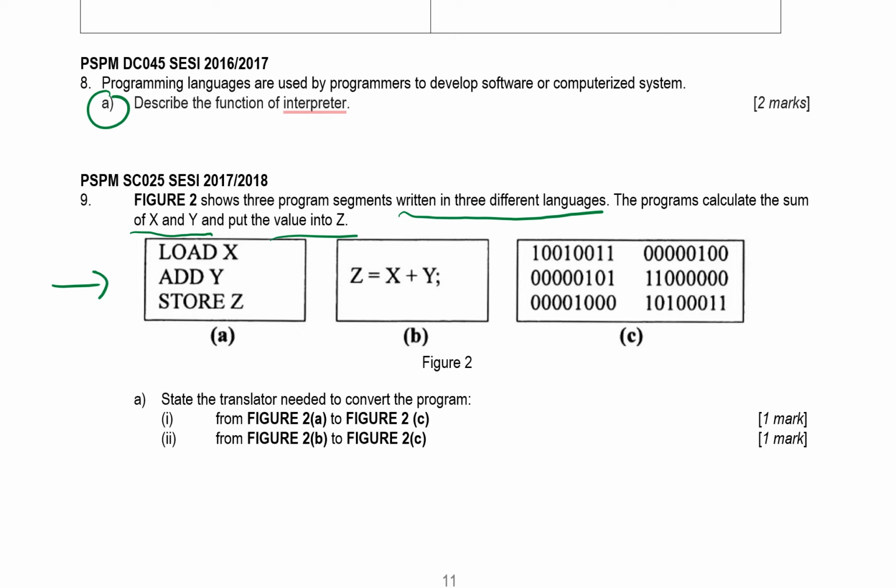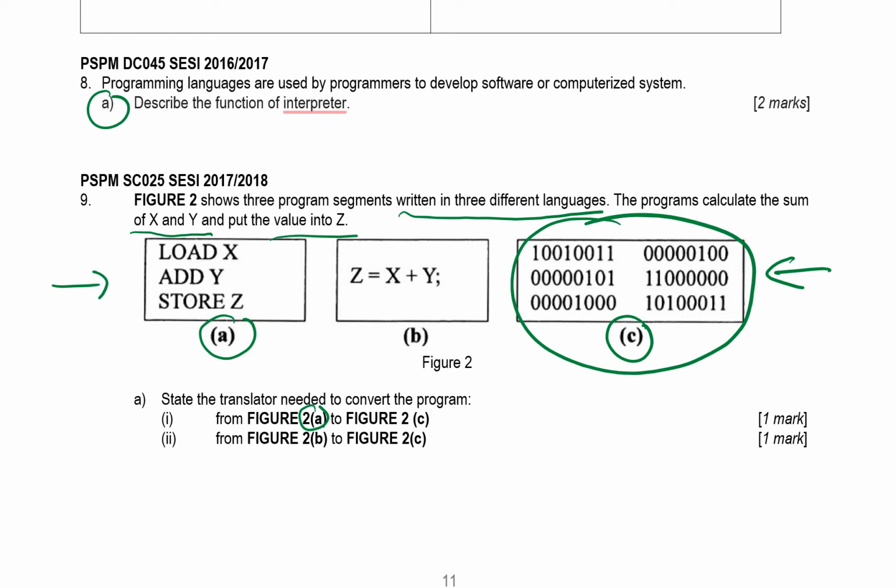Now the question is, state the translator needed to convert the program from figure 2a to figure 2c. Why do you need a translator to convert to machine language? At the end, you get a machine language, that is 0101. If you see here 0101, this one is machine language.